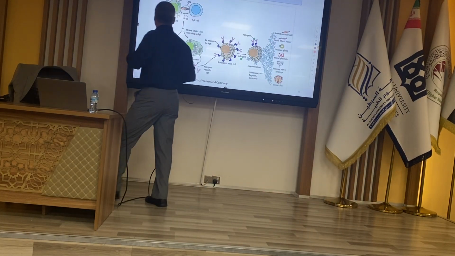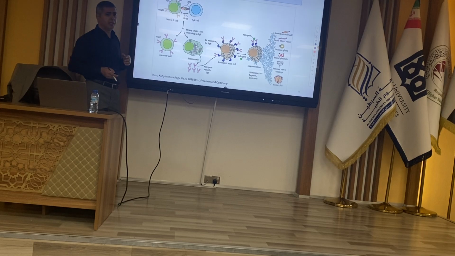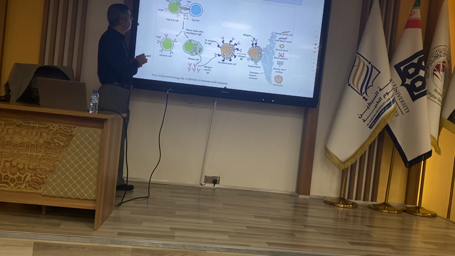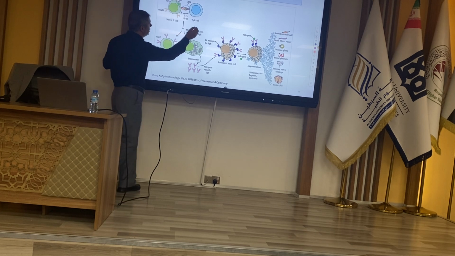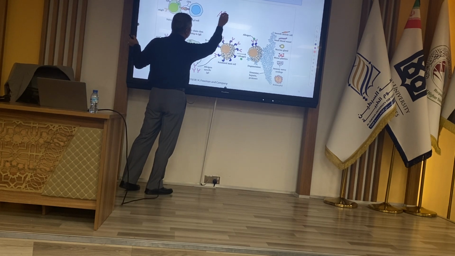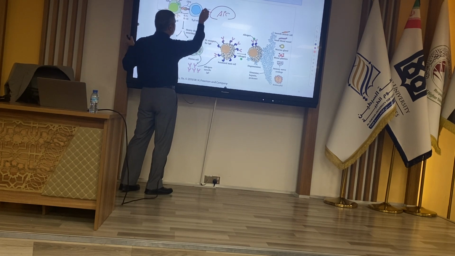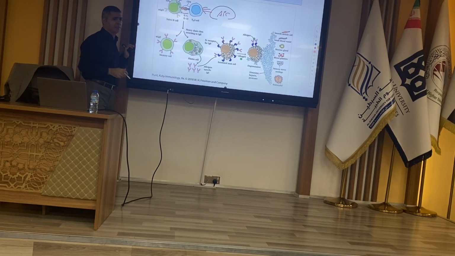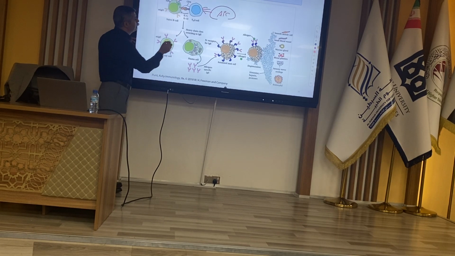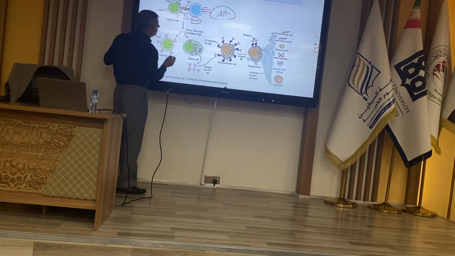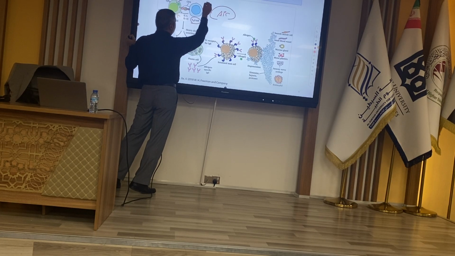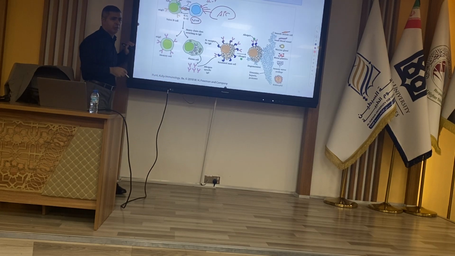In the immunological mechanisms of induction of the immune response, the allergic reaction, the first step is presentation of antigen by APC to CD4 positive T cells, and development of CD4 positive T cells to T helper 2 as a result of the presence of IL-4, which is important for development of T helper 2.